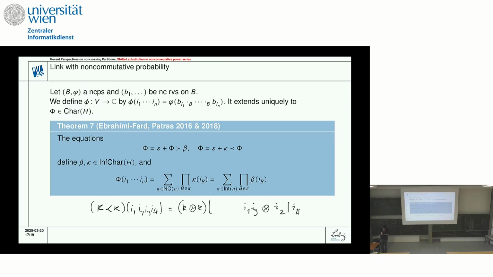This would be one of the terms. This would be mapped to kappa I1, I3, kappa I2 bar I4. But since kappa vanishes on bar products, this will be 0, and this would correspond to the partition 1, 3, 2, 4 that I don't want to see in my expression.